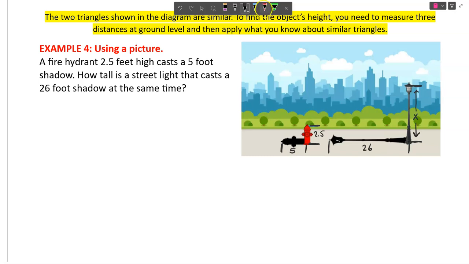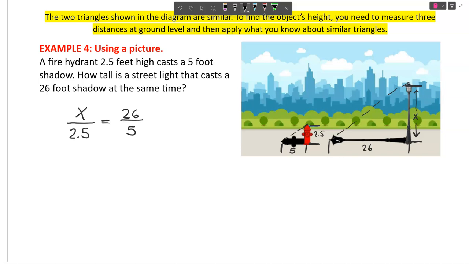So even though you may not see it, I can connect the diagonals there of the top of the shadow and the top of the actual object, and we can see that we have two similar triangles created. So my proportion is, and there's different variations of this, I'm going to take the height of my light post, x, and write it as a ratio over the height of the fire hydrant. So I'm comparing the two heights and saying that they're in the same ratio as the shadow lengths, 26 and 5.